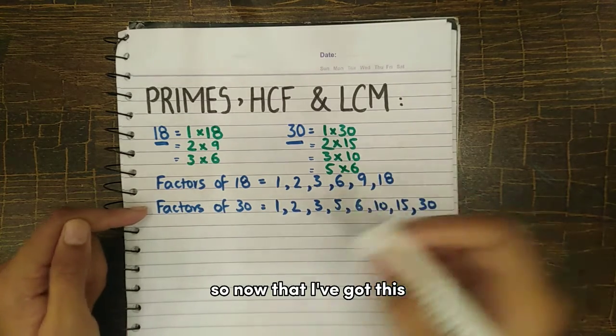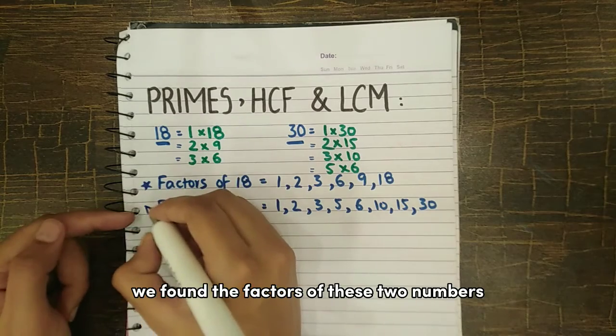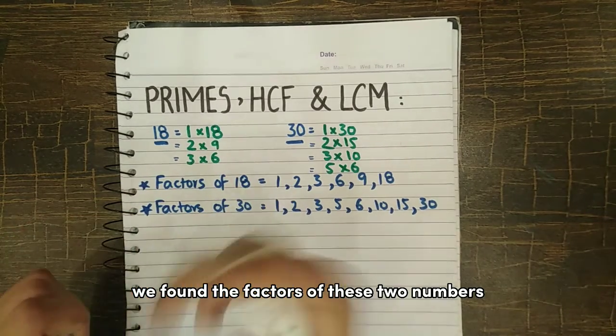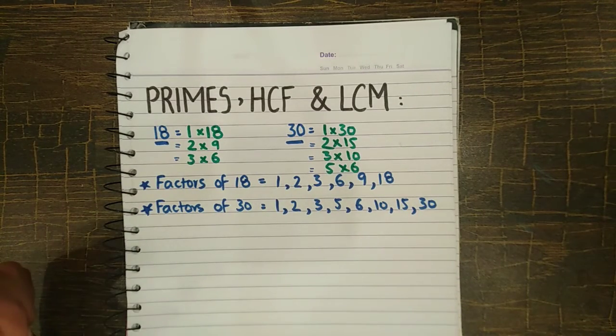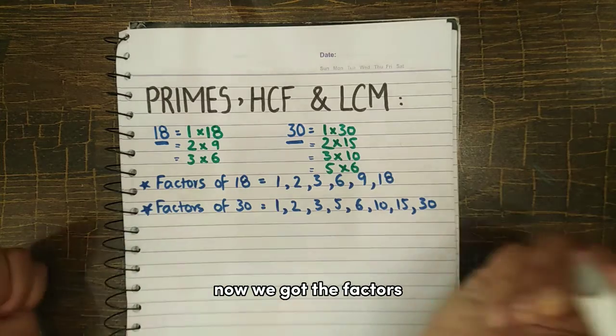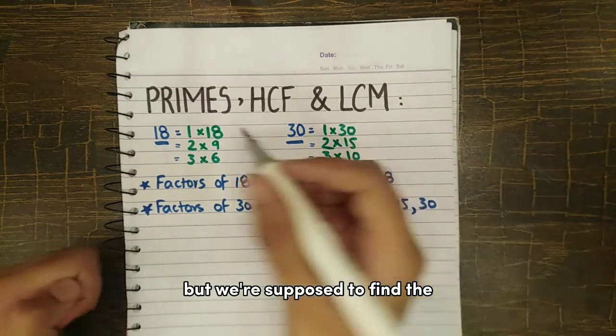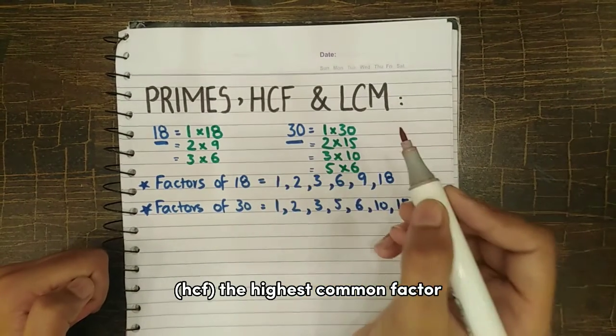Now that we've got this, we can say that we found the factors of these two numbers. We got the factors, but we're supposed to find the HCF, the highest common factor.